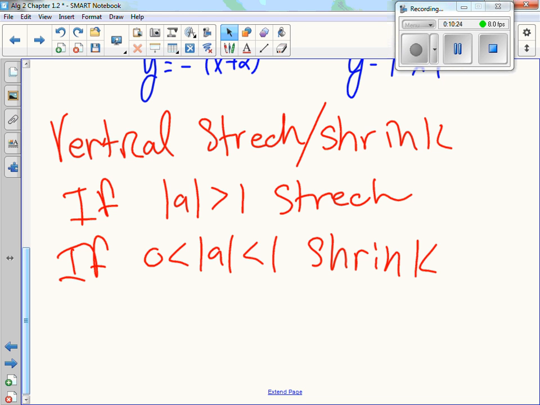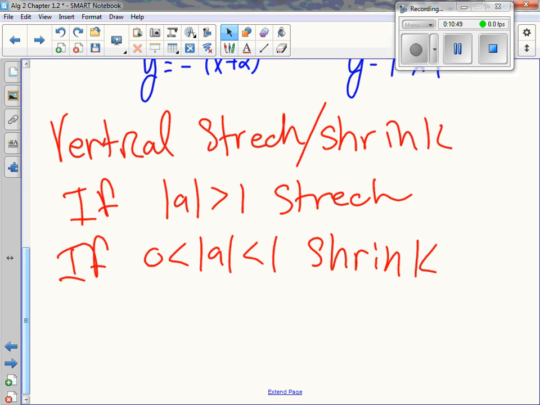Go on and add the absolute value in your reference, because I think that might help. On the notes yesterday, what I wrote down, I just said a. I didn't say the absolute value. So if you're able to keep that straight, that we're not looking at whether a is positive or negative, we just want the value of a.